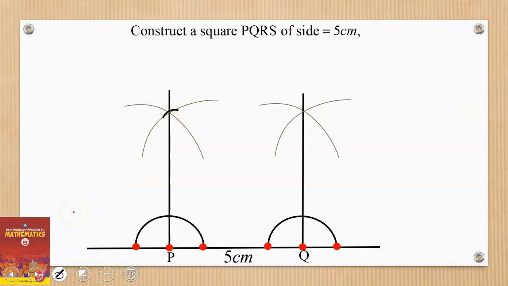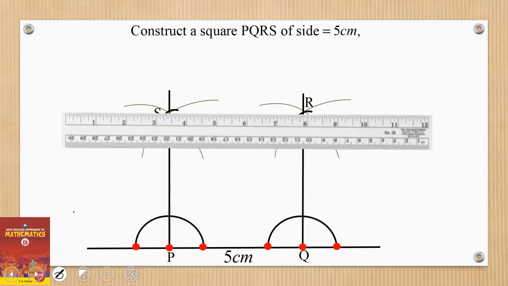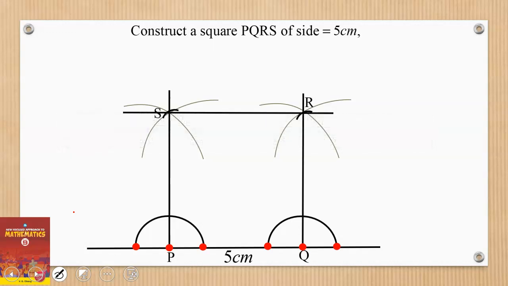Then the same radius you used to draw the 5 centimeter mark, go to Q and do likewise. When you finish, bring your ruler once again, and then join these two meeting points S and R. Draw your straight line, and this becomes your square. I hope you can do this.